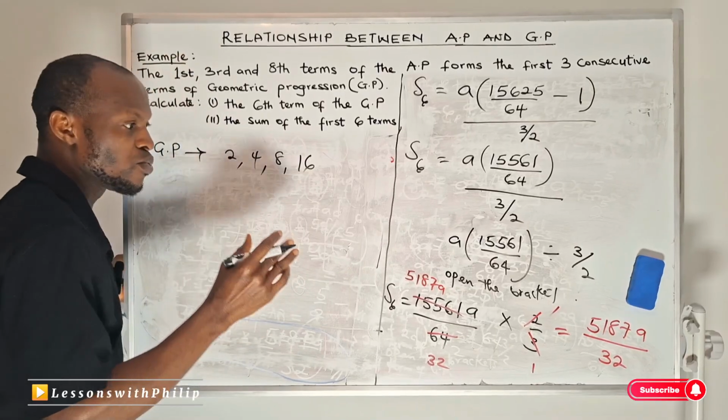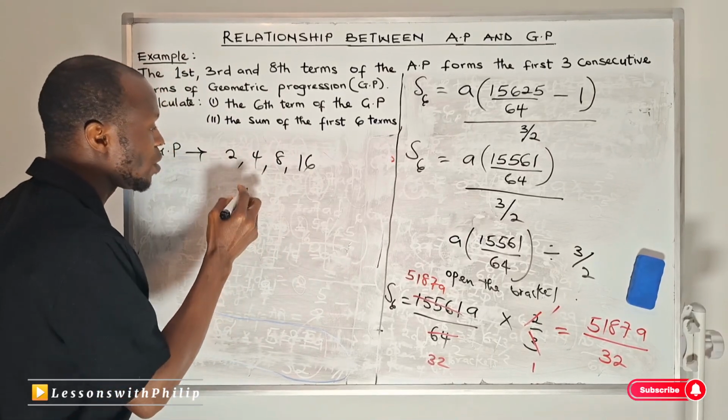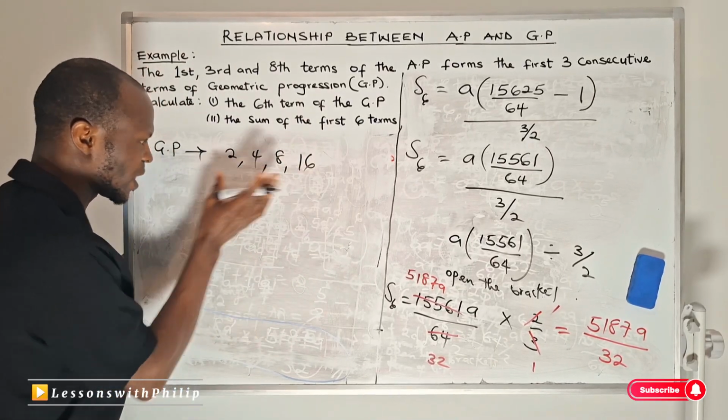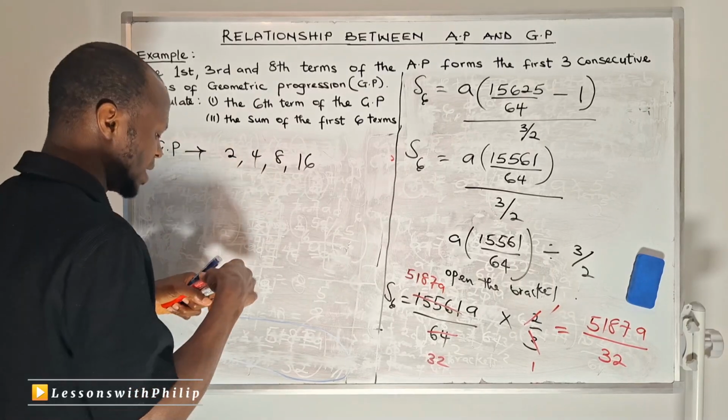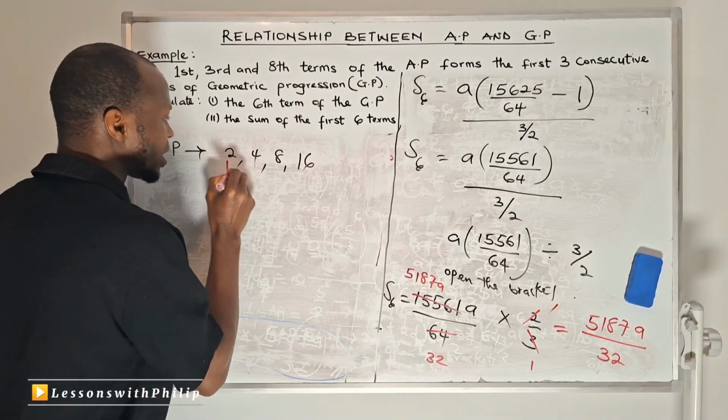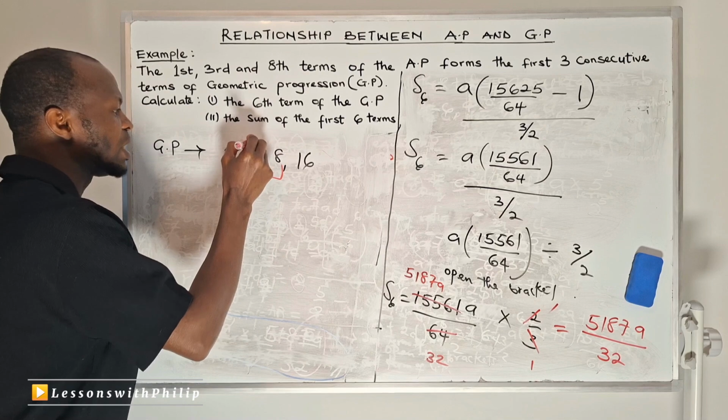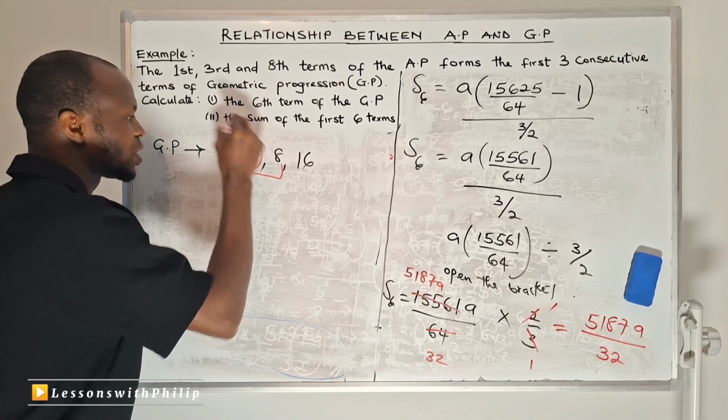Okay, now we need to know that when we have 3 consecutive, just pick 3 of them. Assuming I'm picking these 3 terms. Now, the one in the middle, 4, is the one in the middle.